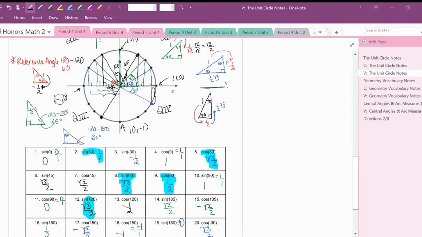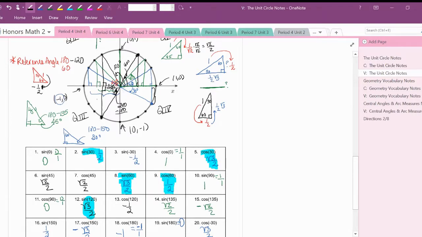We would drop our perpendicular again to the x-axis, and we would get that reference angle. That reference angle is going to be this time 240 minus 180.